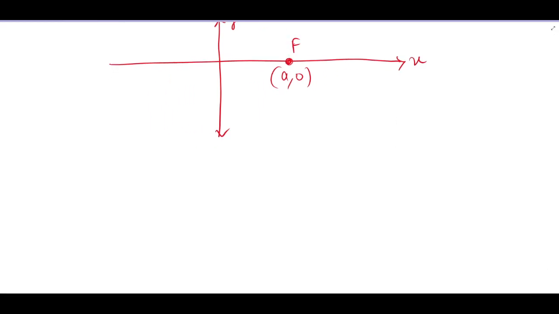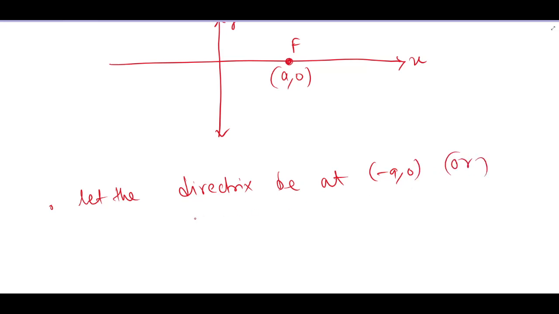Second, let the directrix be at minus a comma 0, so the equation of the directrix is x plus a equal to 0.